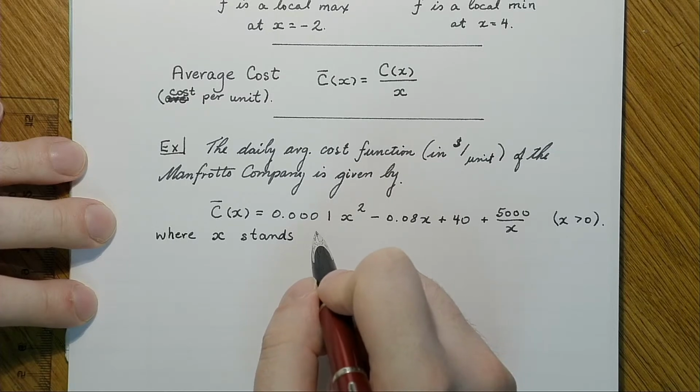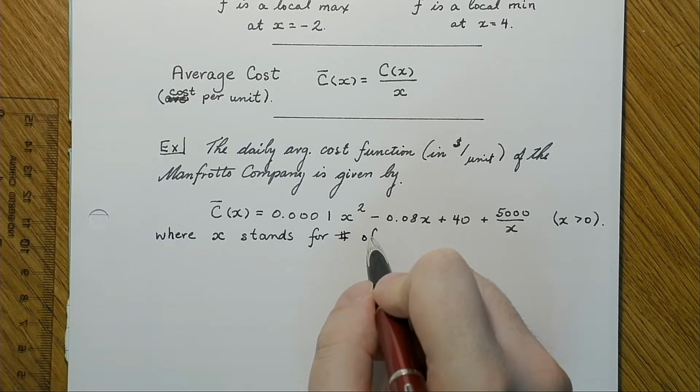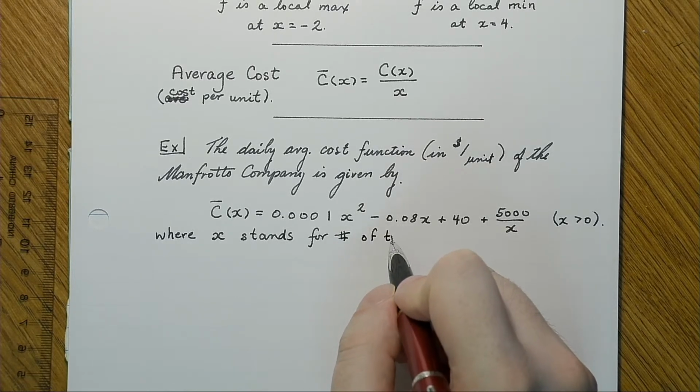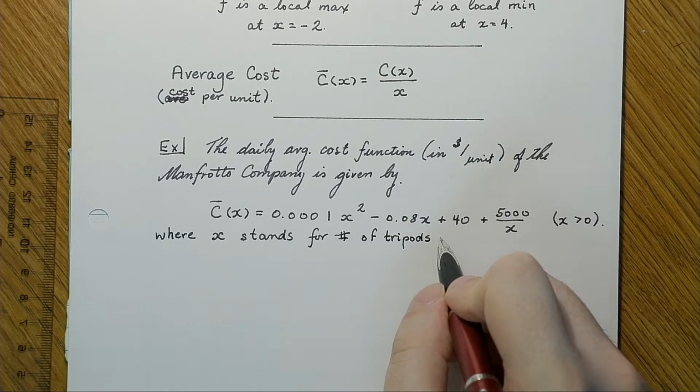So X stands for the number of tripods. I hope I answered it well enough at the moment, but we can always come back to that.